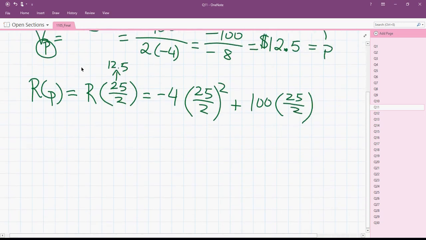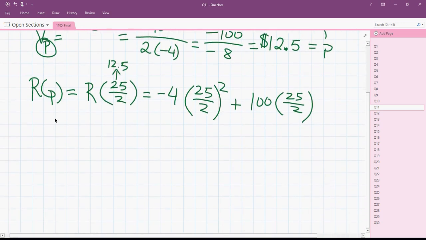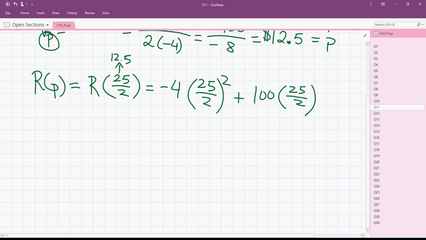So if we square that, we get 25 squared on top. 2 times 2 is equal to 4. This we have 100 over 2, so that's equal to 50 times 25.